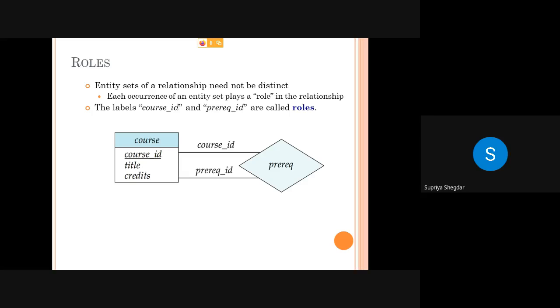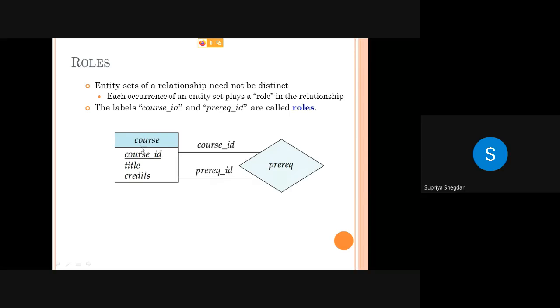Now here the entity sets of the relationship need not be distinct. Each occurrence of the entity set plays a role in the relationship. Means every entity set plays some function or some role in the relationship. So the labels course ID and prerequisite ID are called roles.